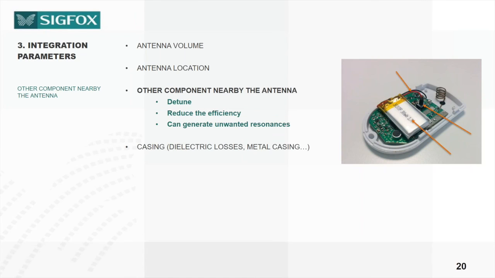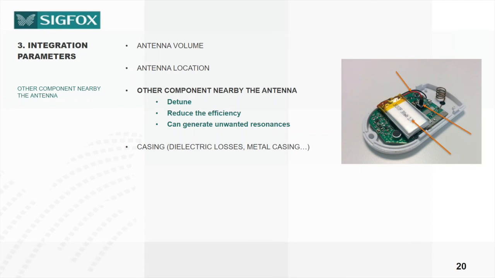So it might not be a problem, but you need to take that into consideration when tuning the antenna and when basically designing it. And then some components with lossy materials may also reduce the efficiency of your antenna. If we have too much metal part right next to the antenna, this might also reduce the bandwidth of the antenna.